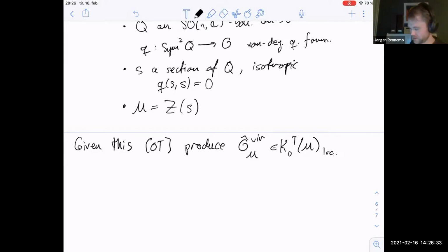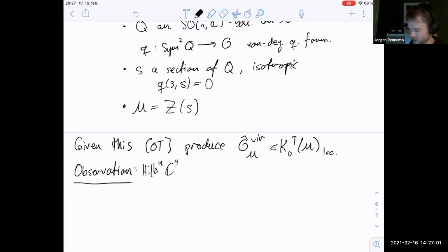I want to say one last thing before the clock runs out, which is the observation that we can push this analogy with the 3D case a bit further. We're on the right track with analogizing with the 3D case: in the 3D case, it was globally a critical locus.